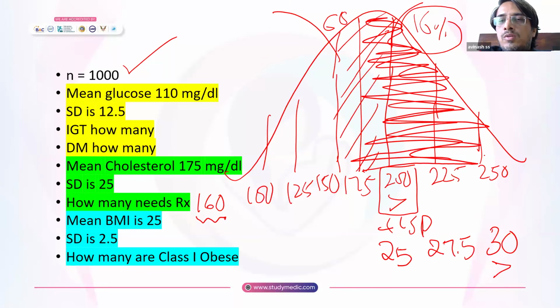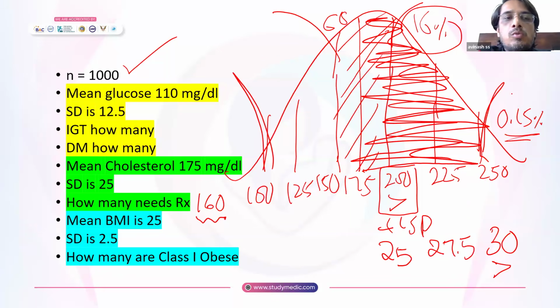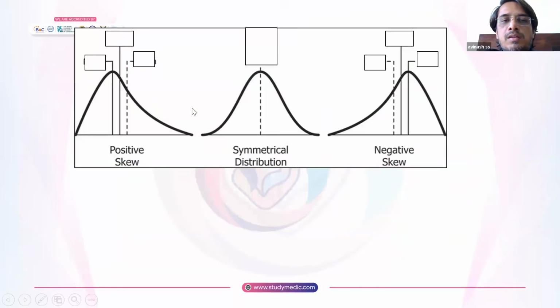More than 30 is class 1 obese. Only around 0.3 percent are outside plus or minus 3 SD, and around 0.15% are outside the plus 3 SD value, divided by 2. So that's around 0.15%, meaning around 1.5 to 15 people will be having class 1 obesity. So like that, different problems can be solved based on this.